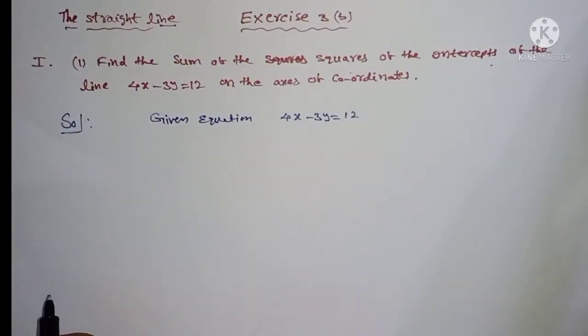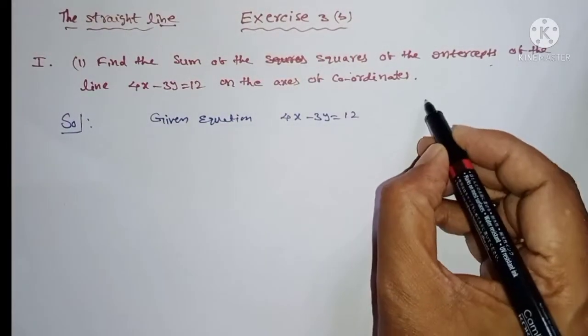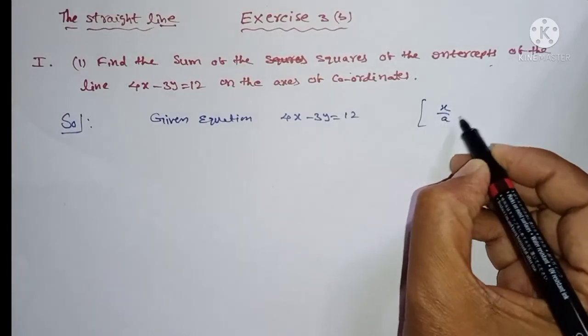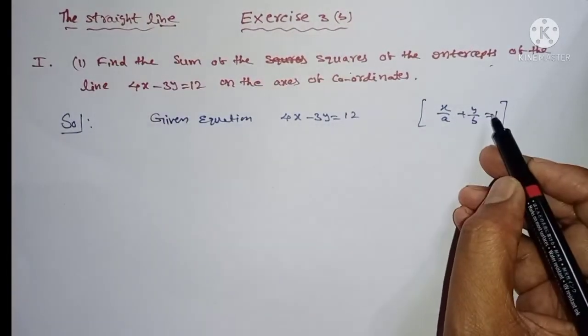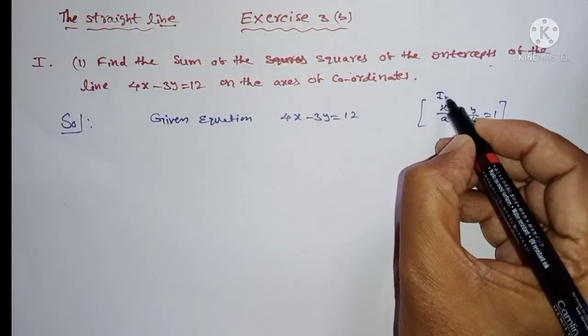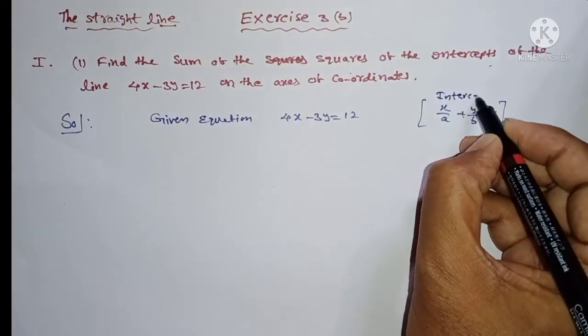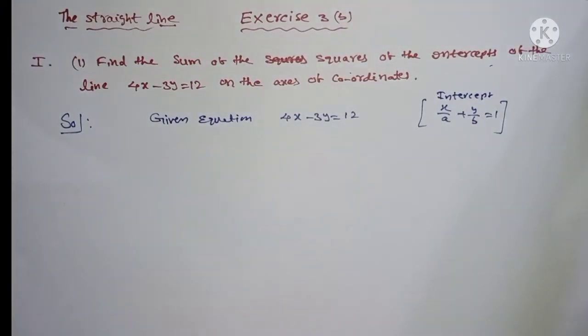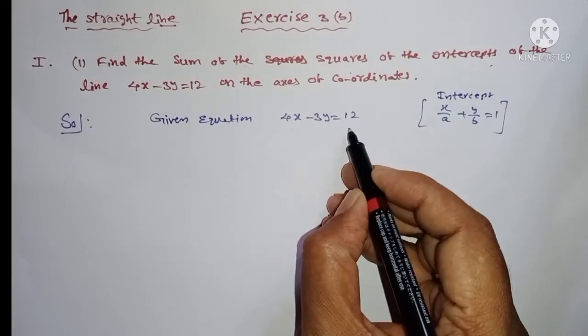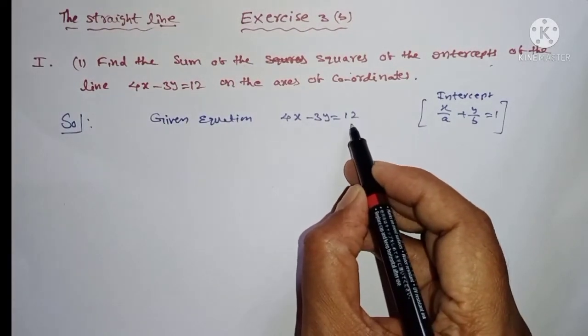And the intercept form I can write here as x by a plus y by b is equal to 1. You can reduce this equation into intercept form, then you can find the sum of the intercepts. Therefore, on the RHS it must be 1 only.